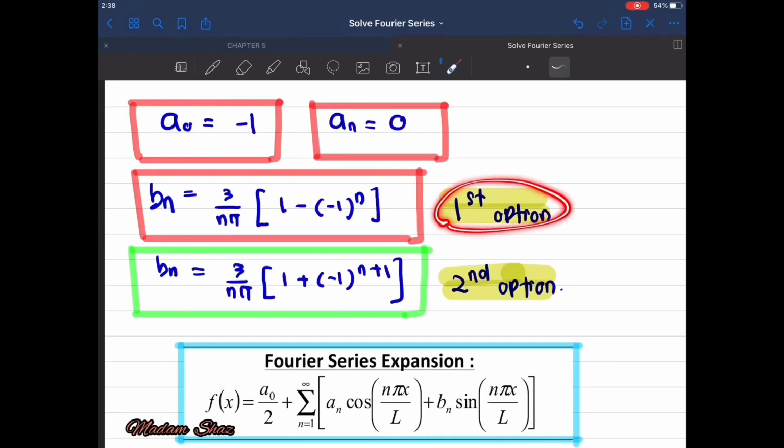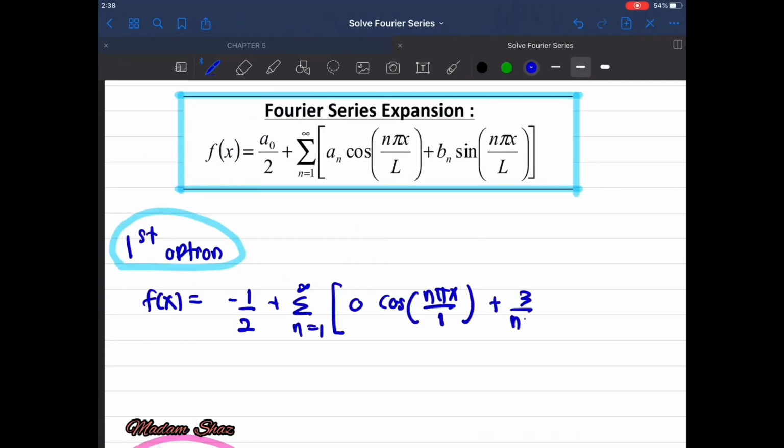For the first option, our b_n is equal to 3 over n pi times 1 minus (-1)^n, multiplied with the sin of n pi x over L, sin n pi x over 1. So close the big bracket.